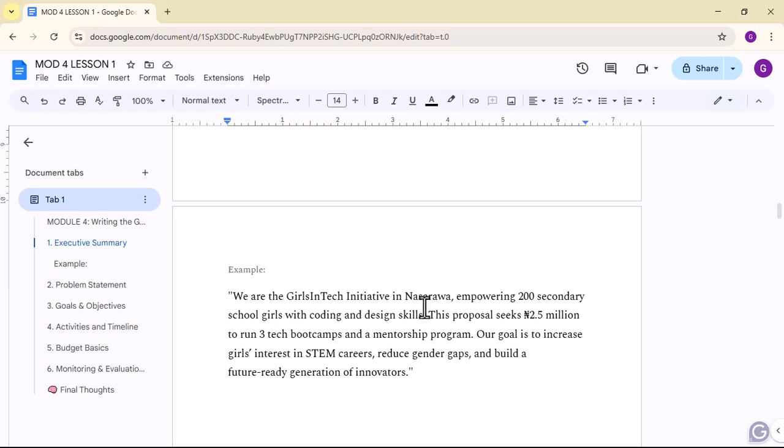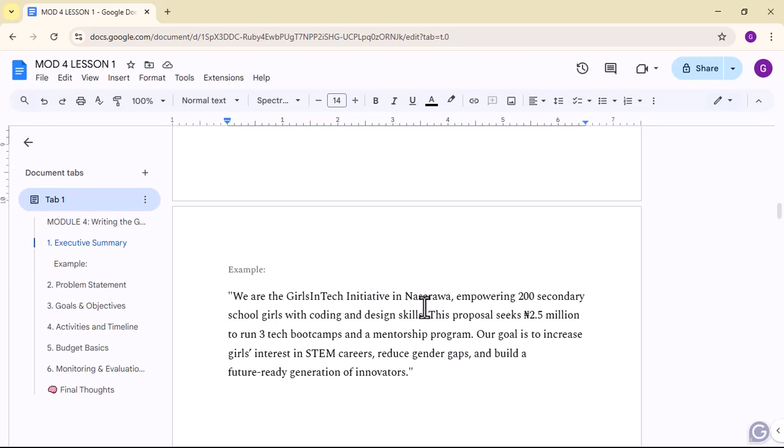Now, this proposal seeks 2.5 million naira to run three tech boot camps and a mentorship program. Our goal is to increase girls' interest in STEM careers, reduce gender gaps, and build a future-ready generation of innovators. Now, this is a very clear example of what and how to draft your executive summary.